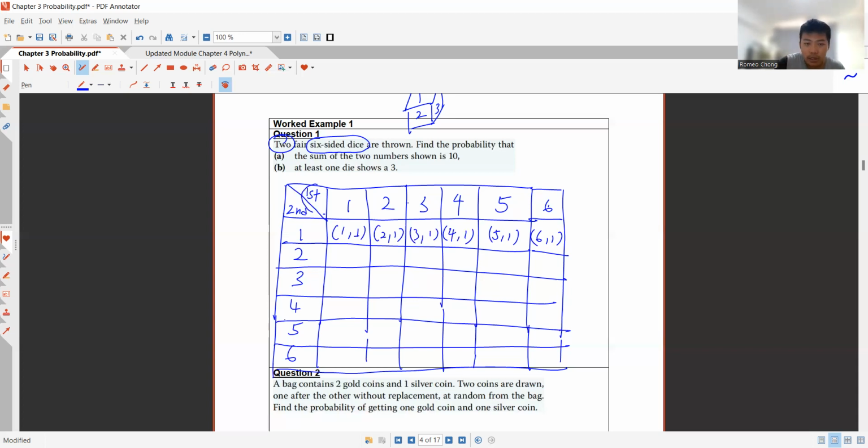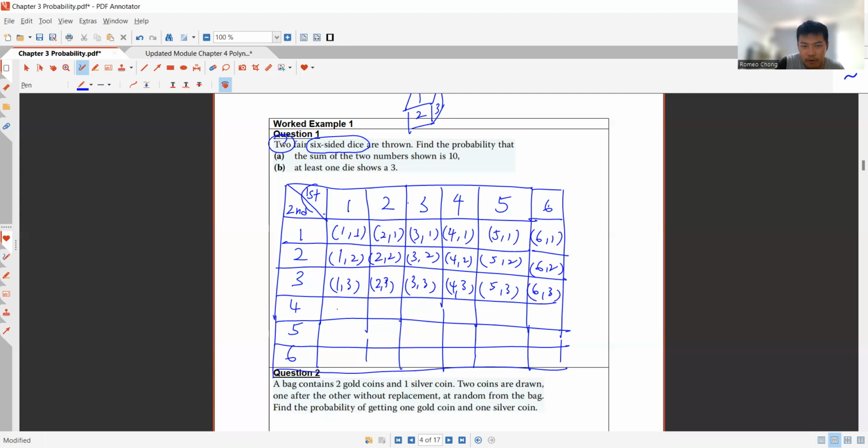Now, the next one, we start from the first one also. We have (1, 2), (2, 2), (3, 2), (4, 2), (5, 2), and then (6, 2). Then after that, you have (1, 3), (2, 3), (3, 3), (4, 3), (5, 3), and (6, 3).